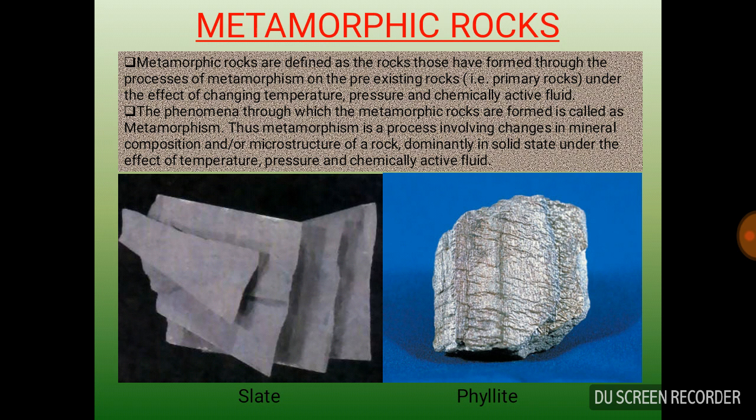The metamorphism process occurs as a response of the rocks to the changing environment, especially in three factors: the change in temperature, the change in pressure and the change in chemically active fluid, or sometimes the presence of chemically active fluids.